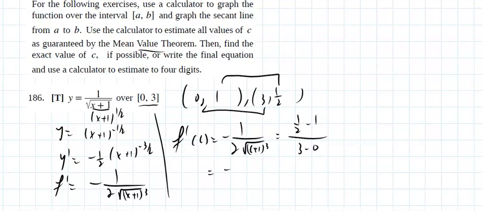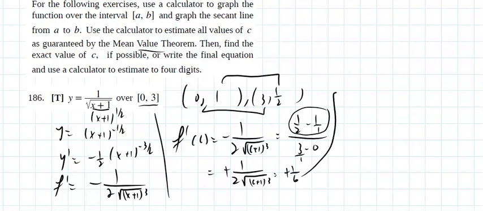This is 1/2 minus 1, which is negative 1/2. Negative 1/2 divided by 3 is negative 1 over 6. First, the negatives cancel out. Then, if I cross multiply, twice the square root of c plus 1 cubed equals 6. Isolate the square root by itself.